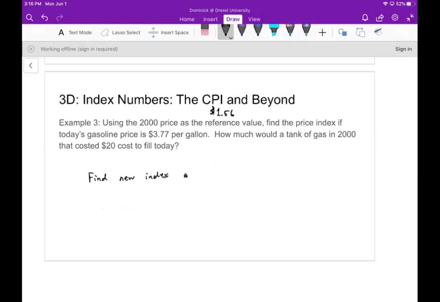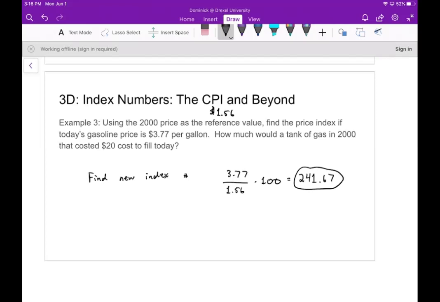Now, if I'm using the 2000 price as the reference value, that's going to be my denominator. Right, now today's price is $3.77, so that's my numerator. And if I want to find the index value, I'm going to, of course, multiply by 100. So if we find 3.77 divided by 1.56 and then multiply it by 100, we're going to get 241.67 once we round.